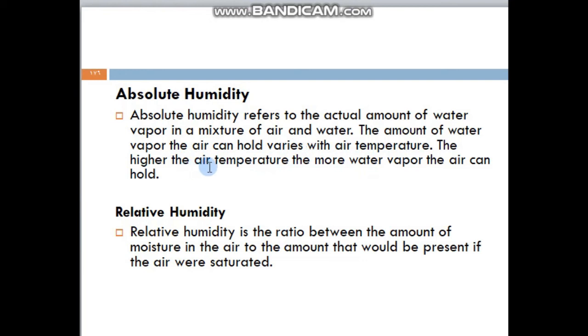The higher the air temperature, the more water vapor the air can hold. The relative humidity is the ratio between the amount of moisture in the air and the amount that would be present if the air were saturated.